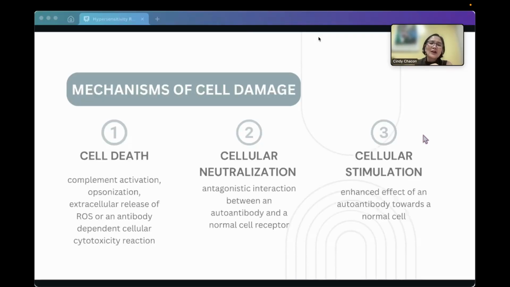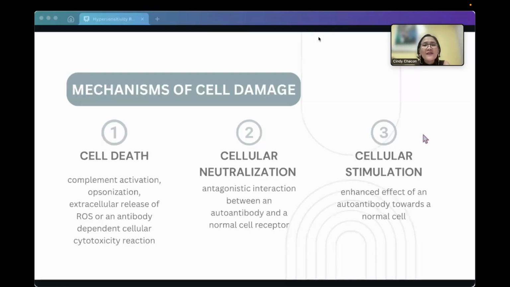And then finally, you have cellular stimulation, which is caused by an enhanced effect of an autoantibody towards a normal cell. So technically, there is overstimulation of the receptor. This usually leads to an overproduction of a cell product, like that seen in Graves' disease.